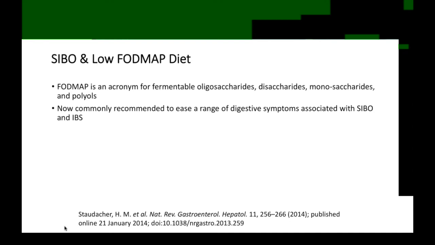And it's really important that the two are done alongside each other, because long term there are complications of following a low FODMAP diet, which we will talk about today. So really you should be looking at a low FODMAP diet for 4 to 6 weeks while you work on the overgrowth.